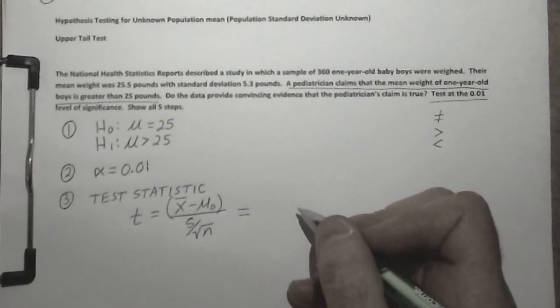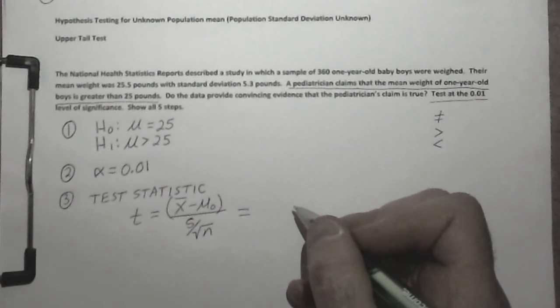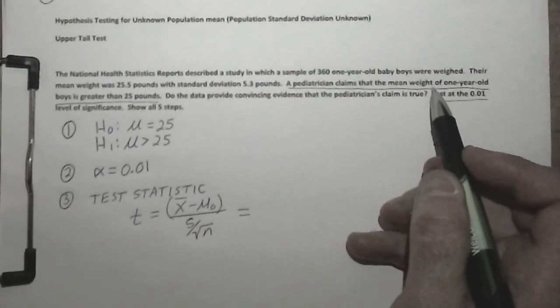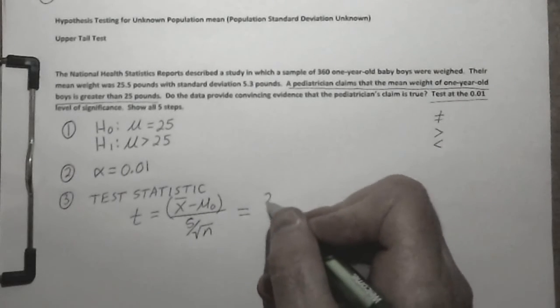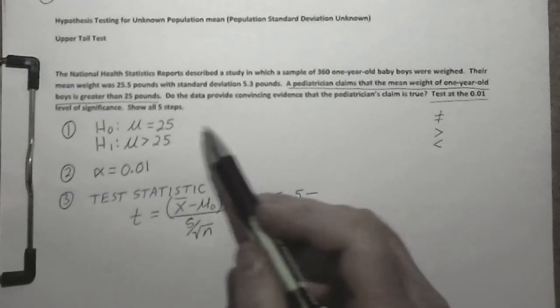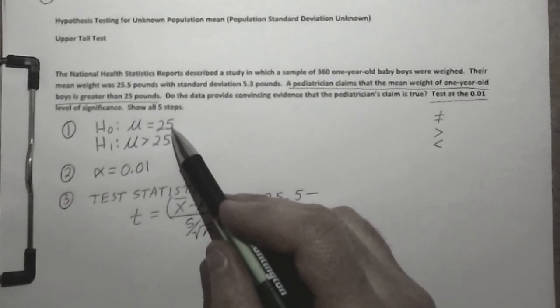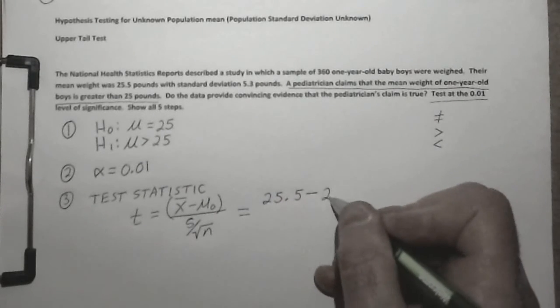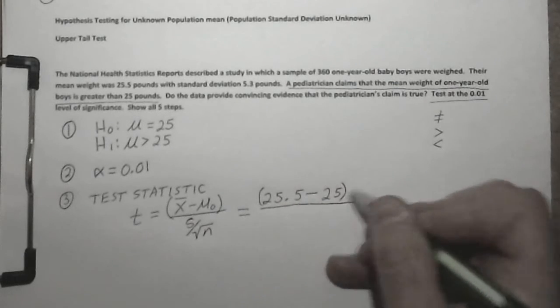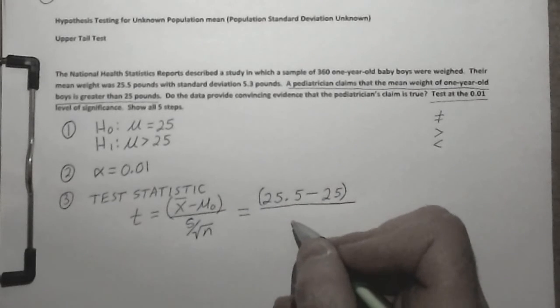Now, what's our sample mean? Well, of 36 1-year-old baby boys who were randomly surveyed, their mean weight was 25.5, that's X bar. Subtracting off the purported mean of the population under the null statement, which is 25 pounds. Make sure you enclose that inside parentheses, divided by the estimated standard error.